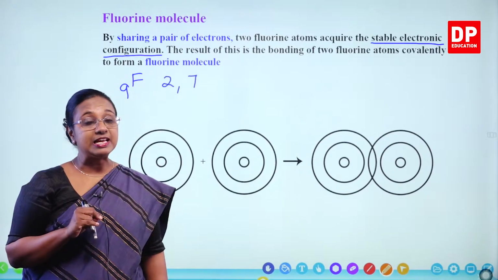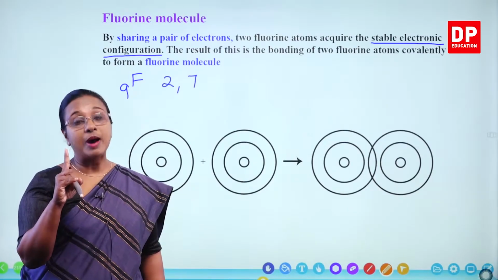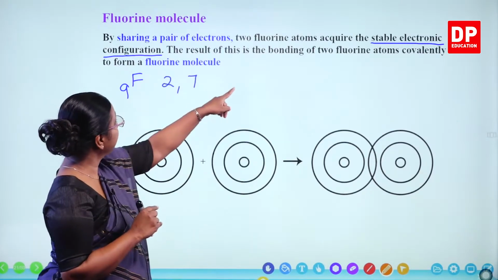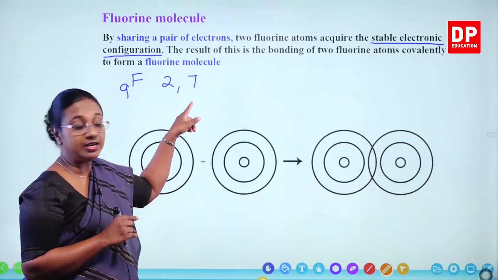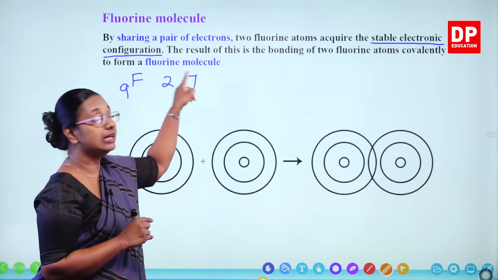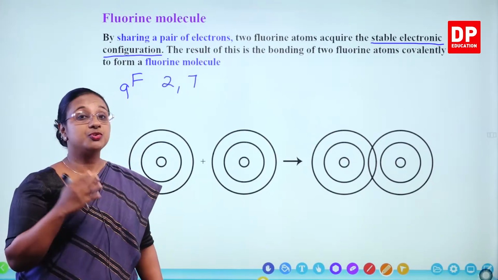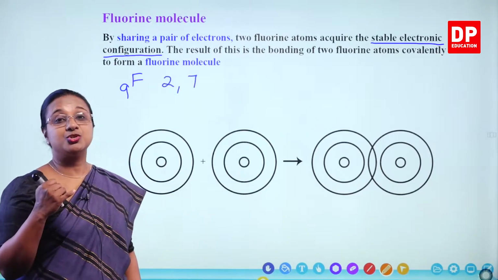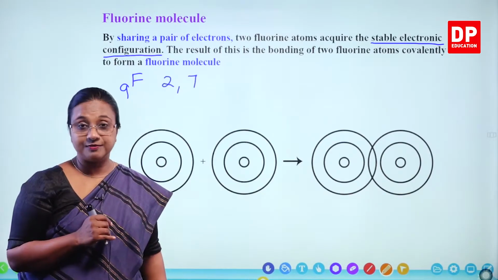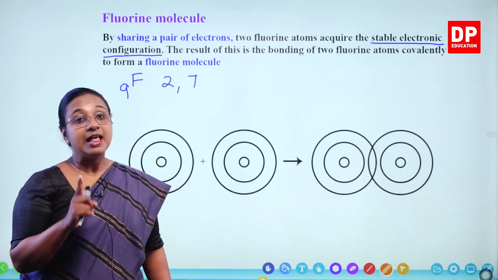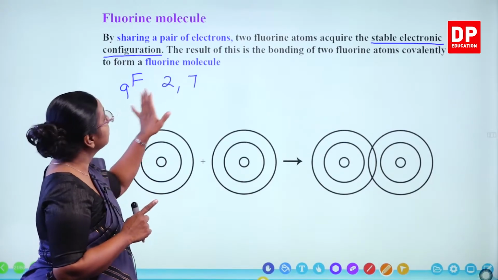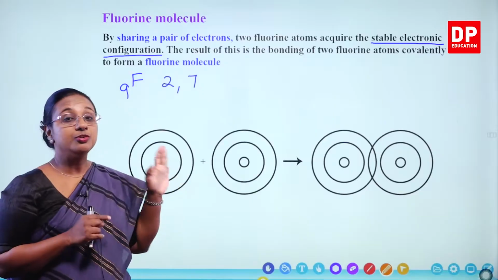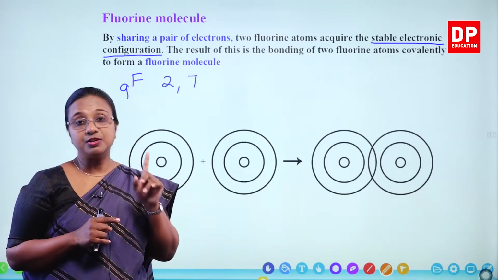And what is the valency? It is 1. Because if it takes up 1 electron, it can complete the energy levels. So that will give rise to the noble gas electronic configuration. So valency 1. That means here the fluorine atom is going to share 1 electron only.